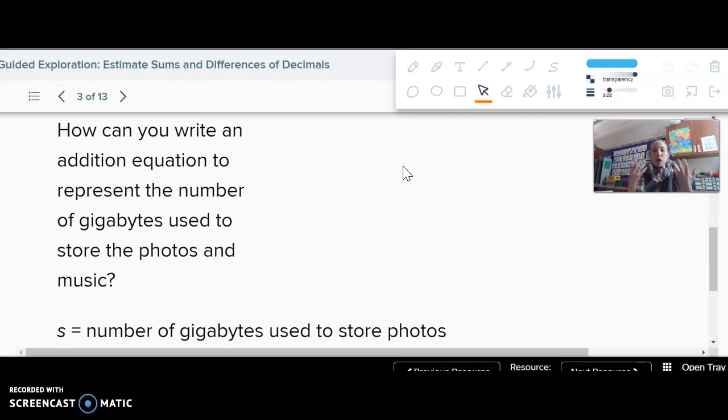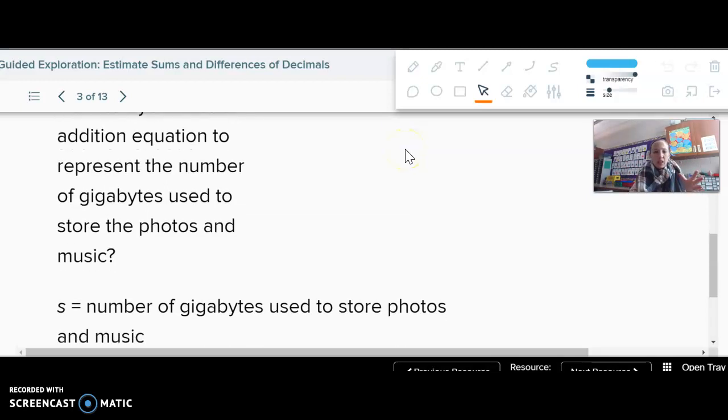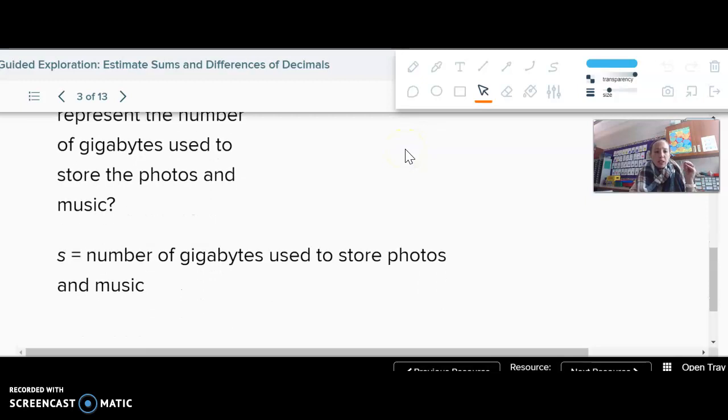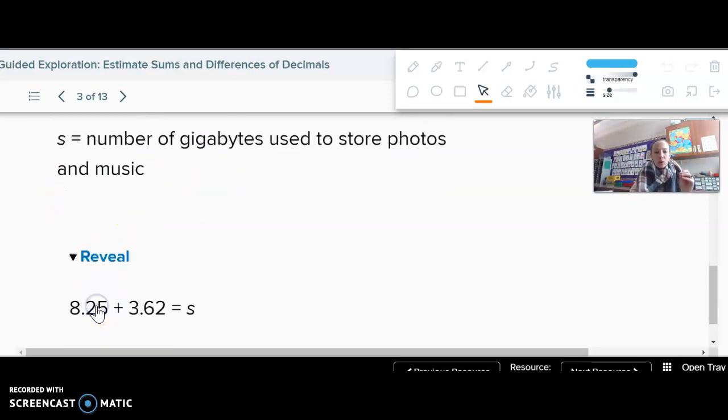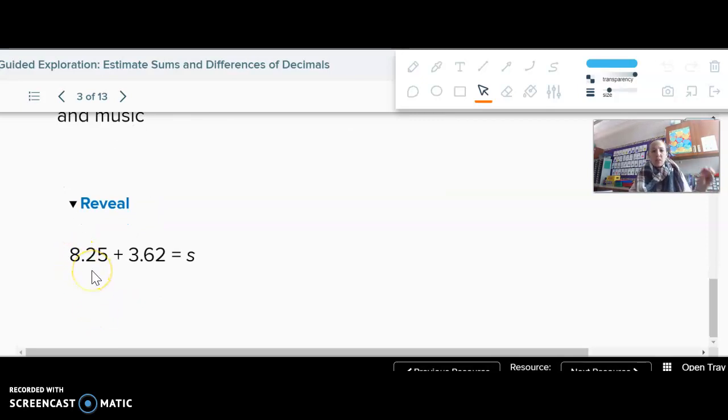Sometimes when we're thinking about problems, we can write equations to help us visualize what's happening. So if we're trying to represent photos and music, S is the photos and music. We could say, well, 8 and 25/100 plus 3 and 62/100 equals S. Okay, so if we add those together, we'll get the total that we're using.